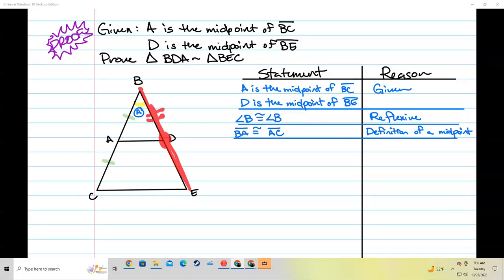So I'm going to get two equal pieces. Let me mark those two equal pieces. That means segment BD is going to be the exact same thing as segment DE. Segment BD needs to be congruent to segment DE. How do I know that? Same thing. This is definition of a midpoint.